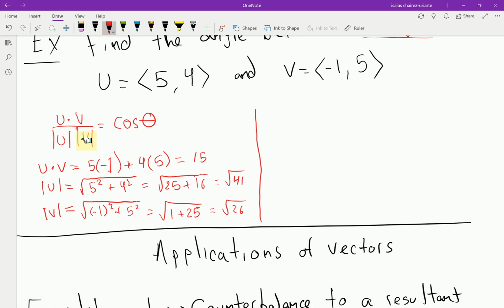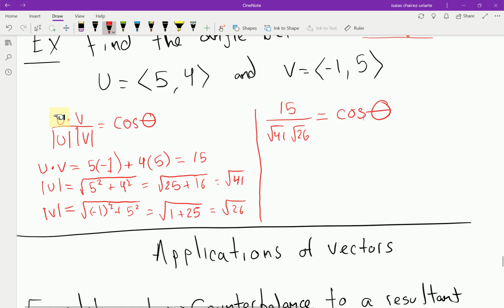Now let me put everything together. I have 15 over the square root of 41 times the square root of 26 is equal to cosine of theta. Literally, I'm just using the geometric interpretation of the dot product.